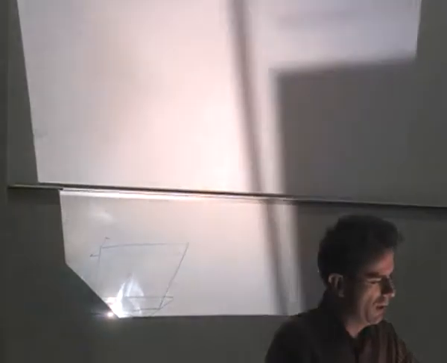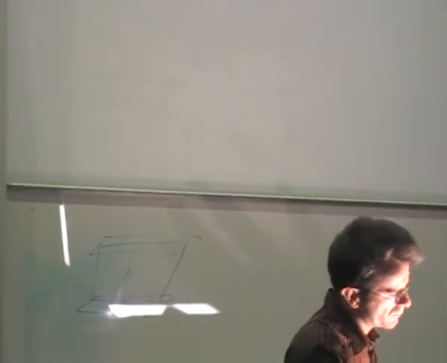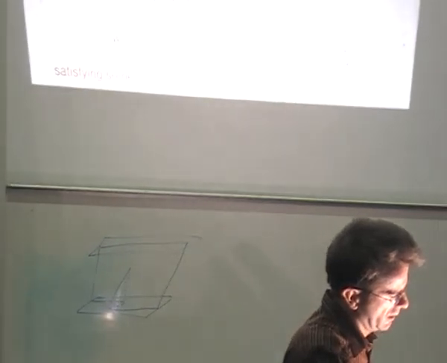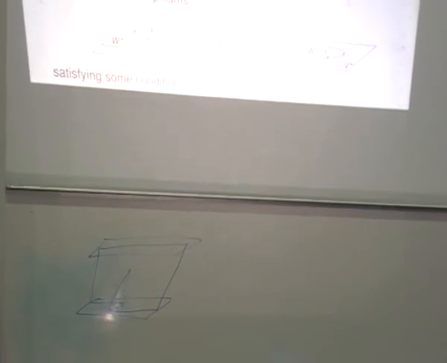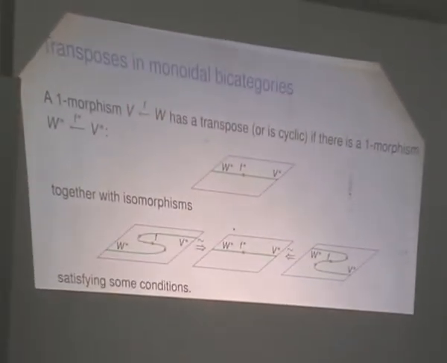The other thing we did with one-categories is talk about transposes. So again, there's the situation where we have a one-morphism from W to V. Before, we said it has a transpose if these two things are equal.